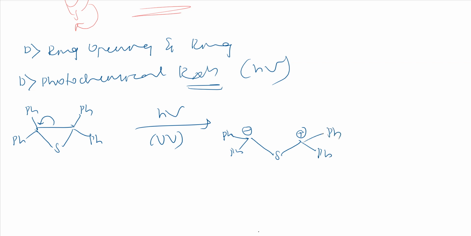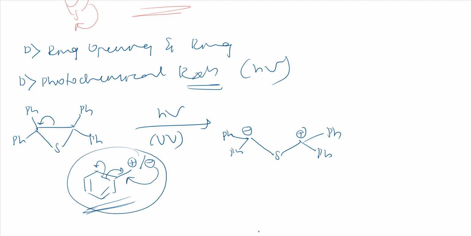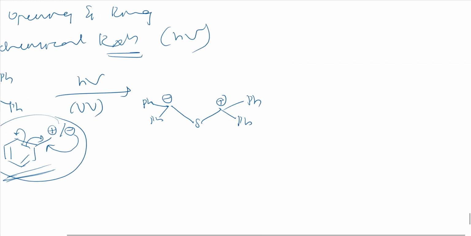So here it can be positive or negative, both can be stabilized by the pi electrons. If positive, it will give the electron density. If negative is there, they will take electron density like this and they will stabilize, right? These things you know, so no need to discuss them.